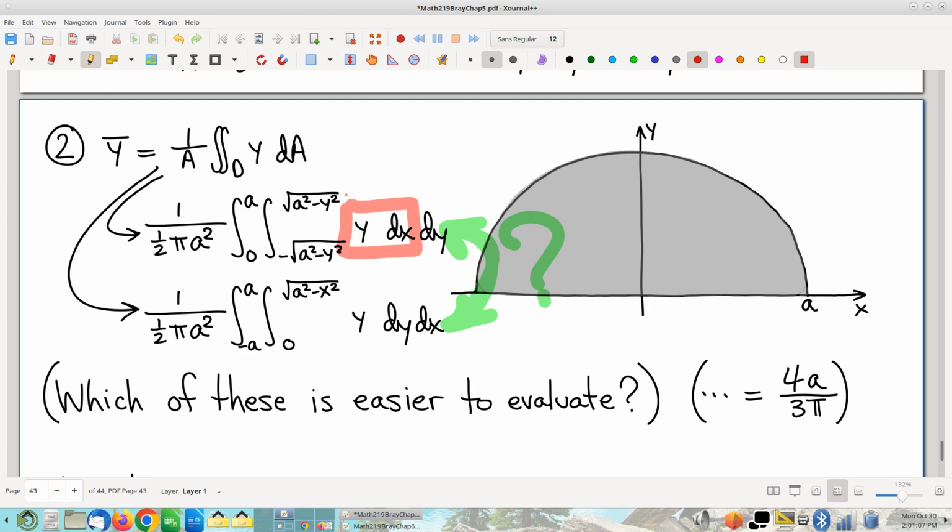One u substitution, pretty straightforward. On the other hand, let's try to strategize here. Very first thing I'm going to have to do with this integral, I'm going to do an integral of y dy. That's going to create a y squared. Into that y squared, I will be plugging this square root, and the square root disappears.